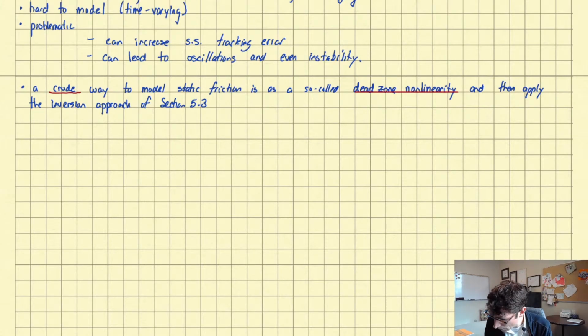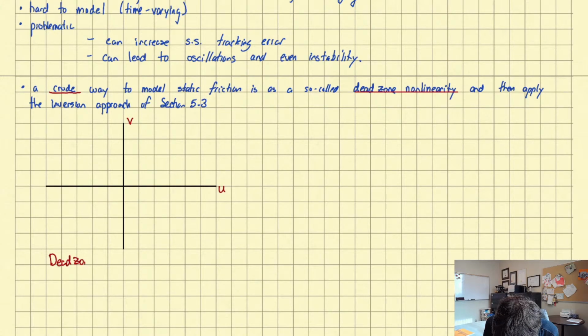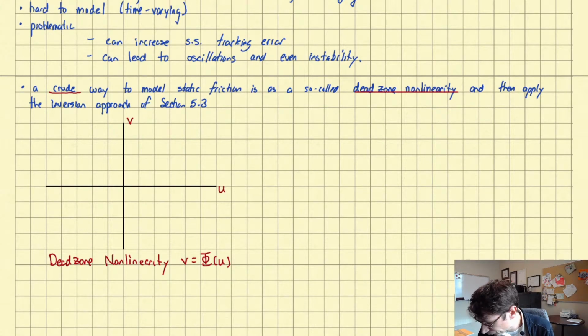So what is a dead zone nonlinearity? As usual, we're going to write U over here. It's going to be our dead zone. Capital Phi is, again, the symbol we've been using throughout. You've seen this in class or in the lab, but there's a period in which the input has no effect, doesn't show up.